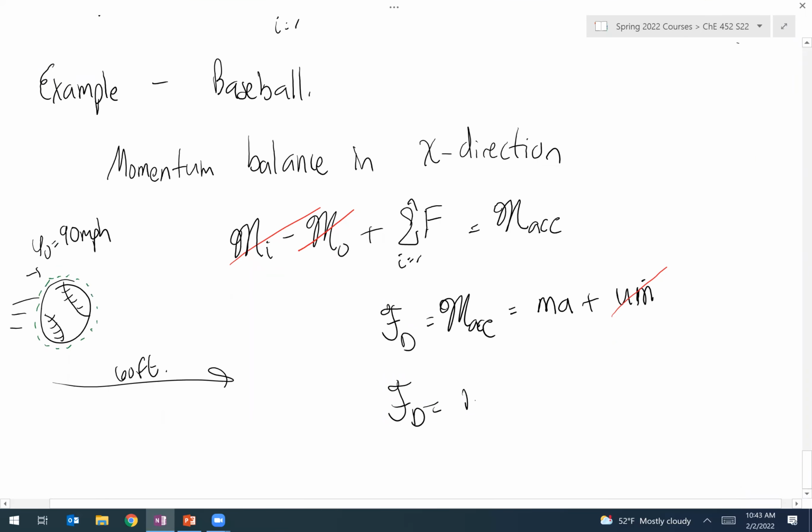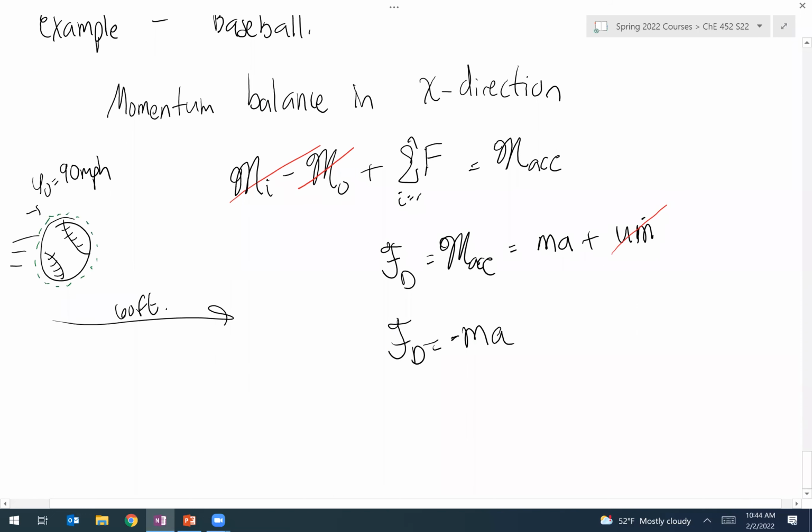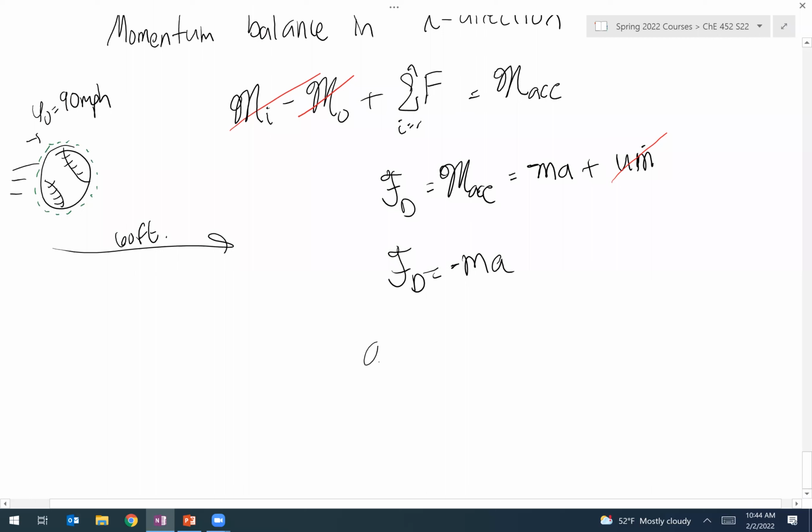So all this really boils down to, for this system, the drag force is equal to the mass times acceleration. And I know it's a net loss of momentum, so I can put a negative. So we got F equals ma. And if I want, I can say the acceleration is equal to the drag force over the mass. And if you guys remember the equation, it looks like this.